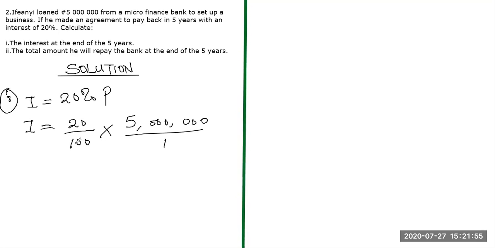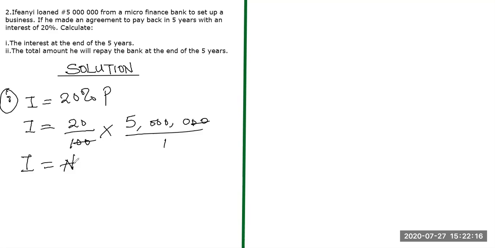And when we do this calculation, 20 cancels 20 here, we now say 50,000 multiplied by 20, and what do we have? We have 1 million. Okay, so our interest is 1 million naira.